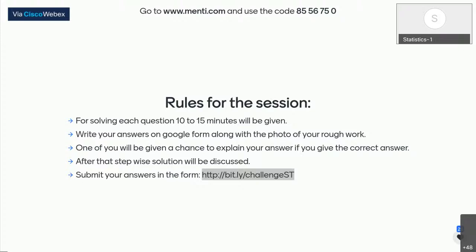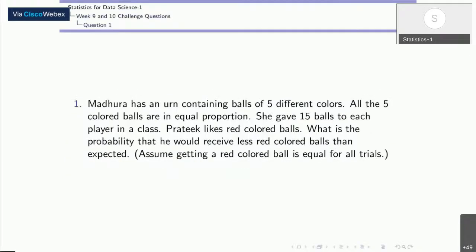I think others are able to upload the forms because we got three responses. I'll give 5 more minutes to solve the problem, until 2:25, because I have got only three responses.